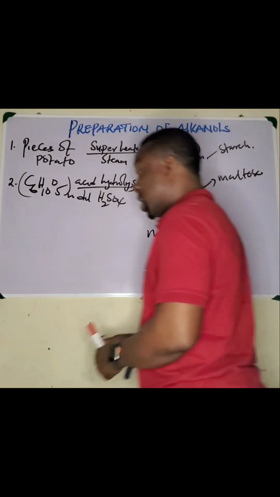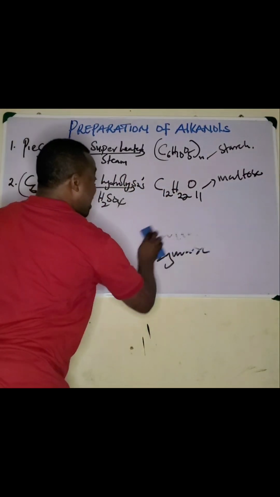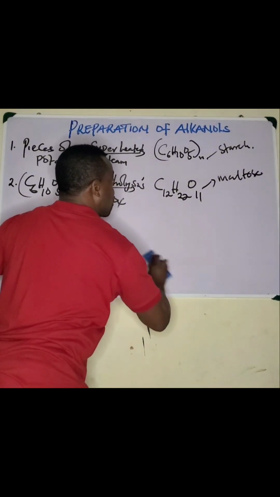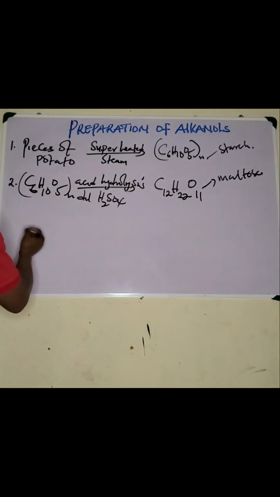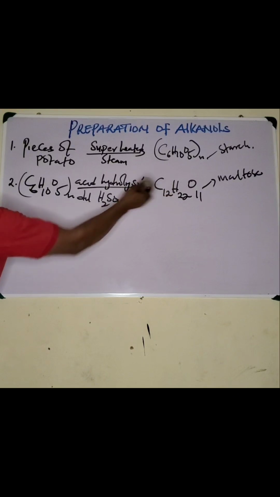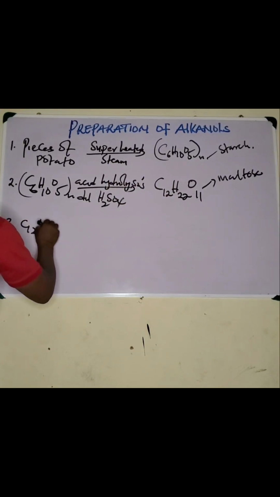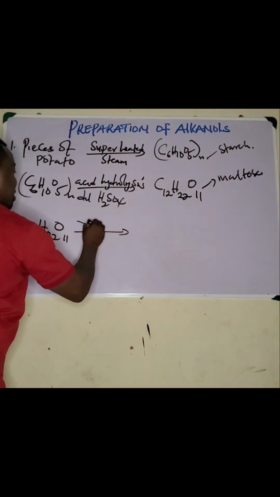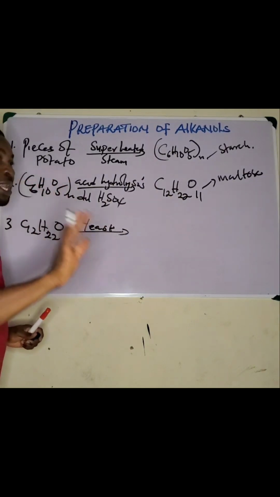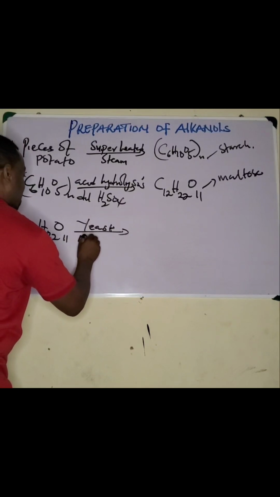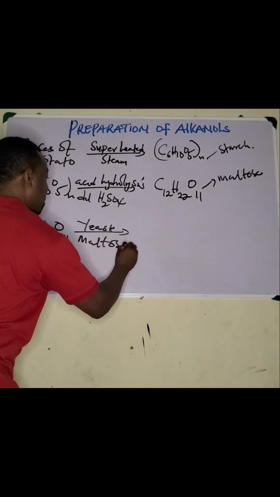But first of all, let's see what happens when the enzyme maltase reacts with this maltose. Don't get it twisted. So the third stage is the yeast, which contains two enzymes, maltase and zymase. The first one is maltase. Let's see what maltase does.